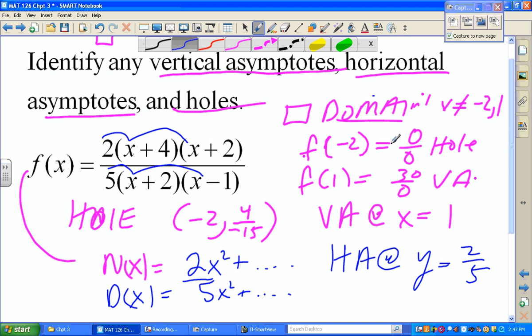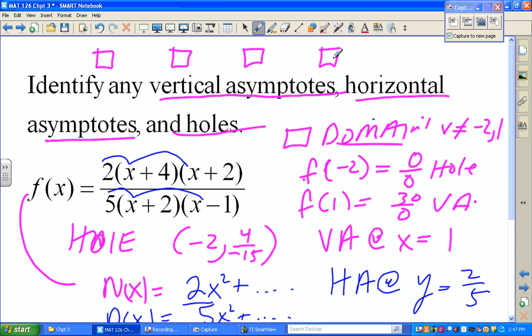Just for fun, what is the x-intercept? I know it's not on our checklist of things to do, but just for practice. Somebody in a white Illinois college shirt. Jared, what's the x-intercept? -4, correct?